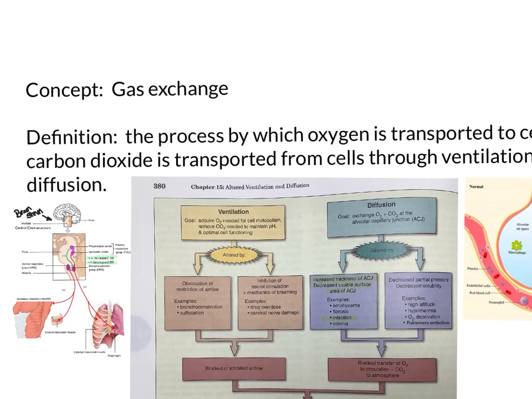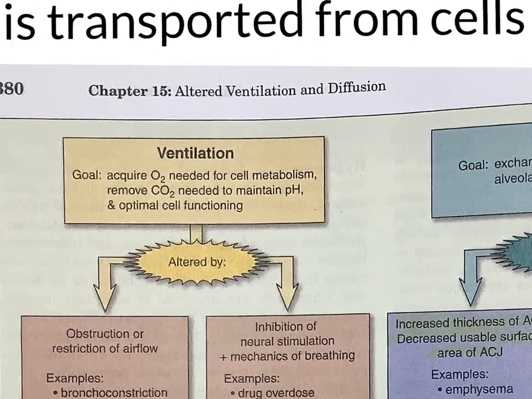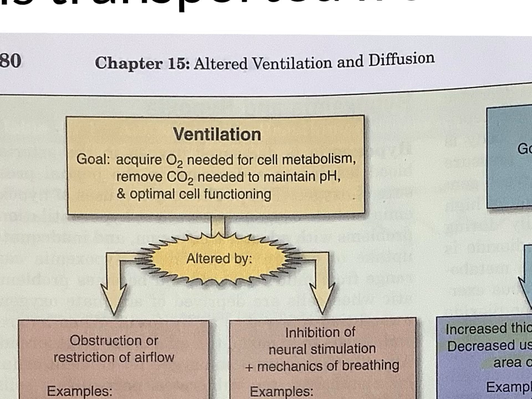But when we're talking about gas exchange, we're really talking about how oxygen moves and gets transported to cells, and then carbon dioxide, our waste product, gets transported from cells back out of the body, right? And our body needs oxygen for cell metabolism.